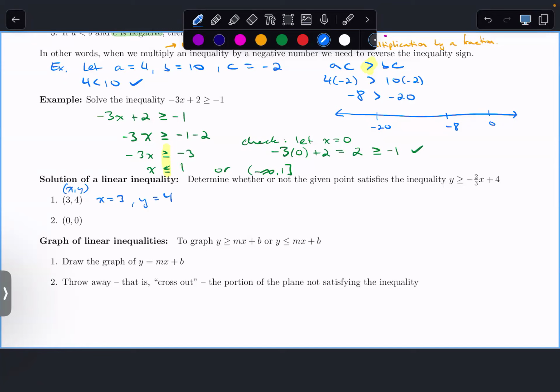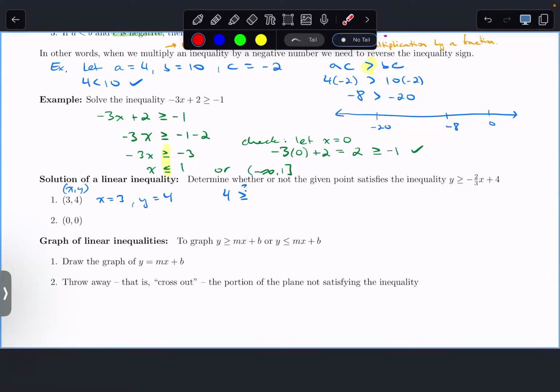So what I want to know is if 4, and if I'm not sure, sometimes I put a little question mark up above because that's what I'm checking, right?